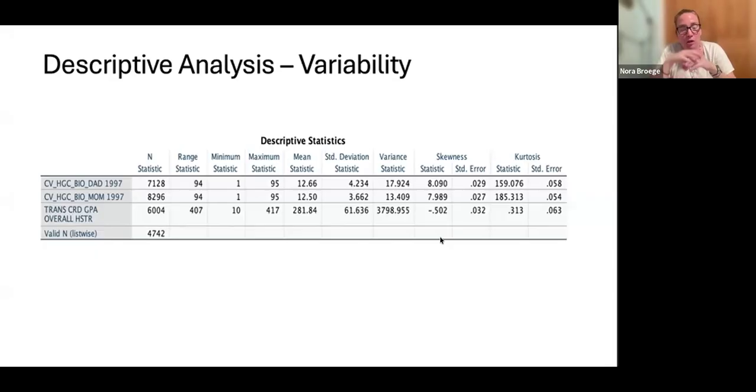Let me go to the kurtosis. Let me see if there are outliers. Okay, so the kurtosis score, you want to be close to zero. If it's less than three, you don't need to worry about outliers. If it's three or more, there are lots of outliers. So let's start with the GPA.